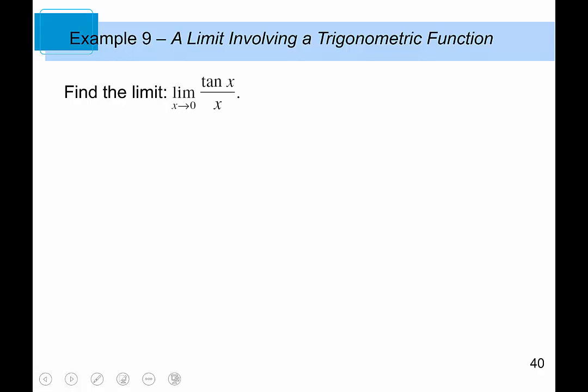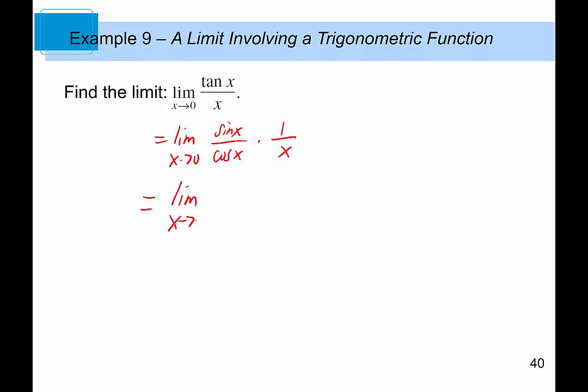So let's find the limit of tangent x over x. What we can do is write tangent x as sine x over cosine x, times 1 over x. Let's switch x and cosine x, and now we have the limit as x approaches 0 of sine x over x times 1 over cosine x.